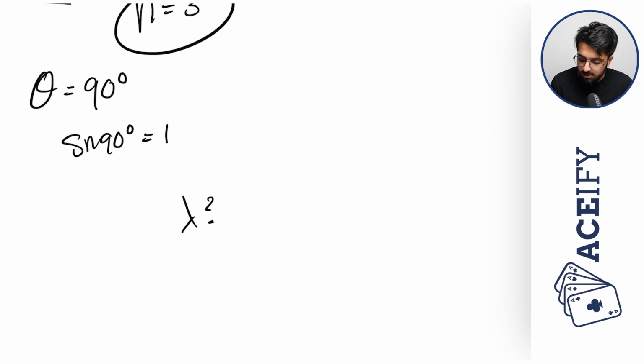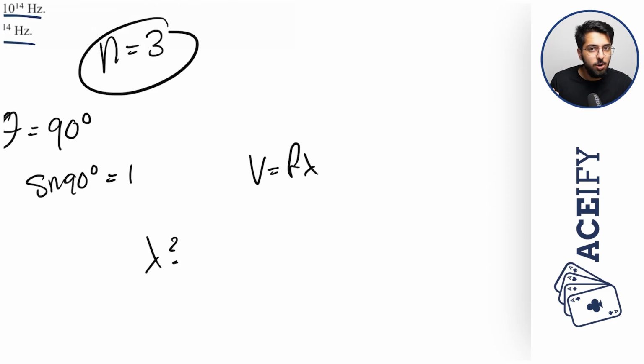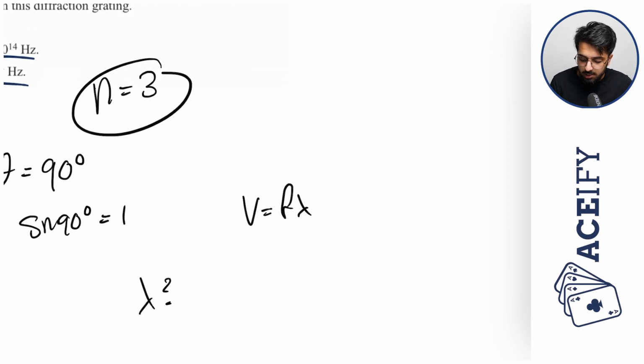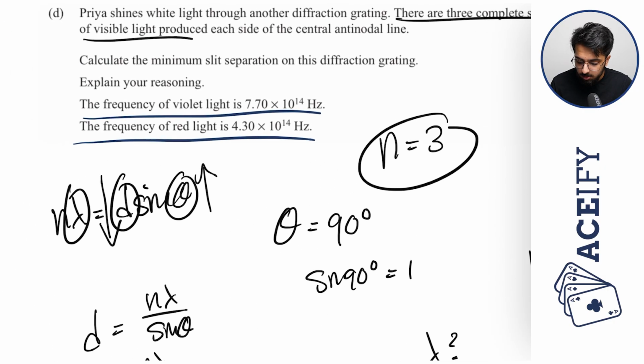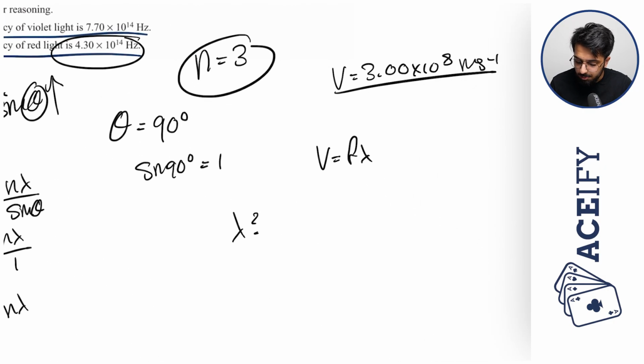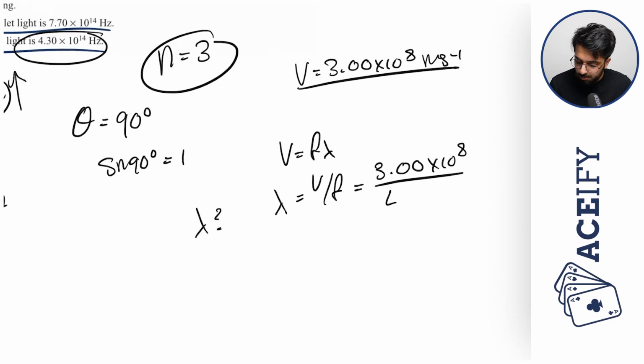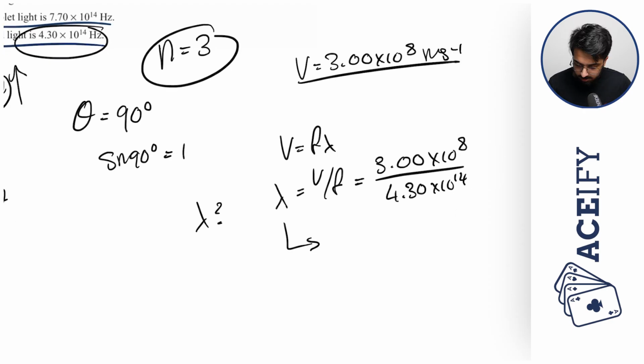What we do know is that v equals f lambda, we're dealing with light, and the speed of light is 3.00 times 10 to the 8 meters per second. We are given the frequency of red light, so we plug in our numbers: lambda equals v over f, which is 3.00 times 10 to the 8 over 4.3 times 10 to the 14, giving a wavelength of 6.97 times 10 to the negative 7 meters.